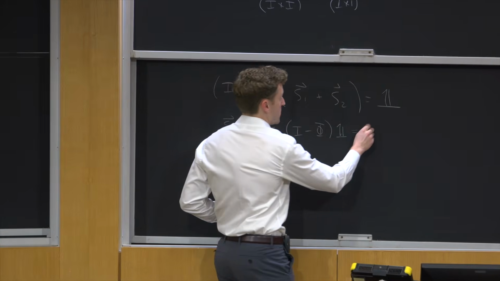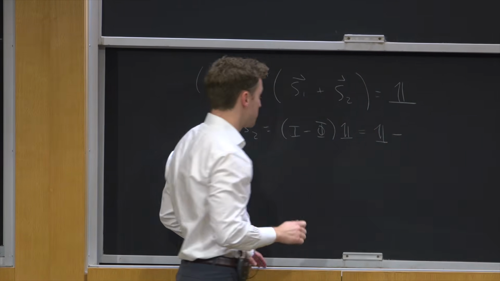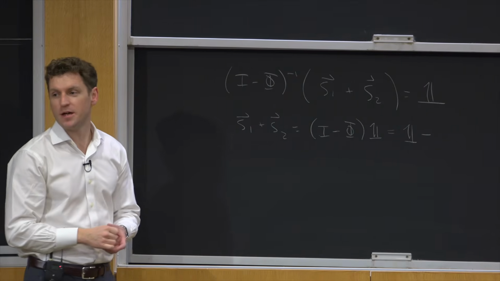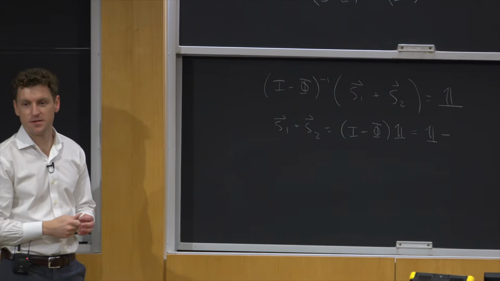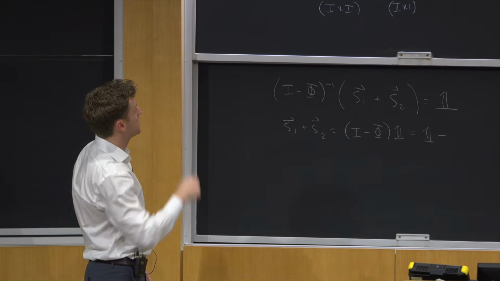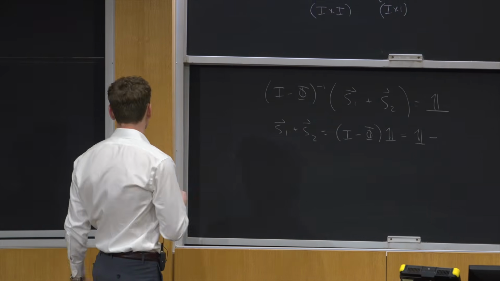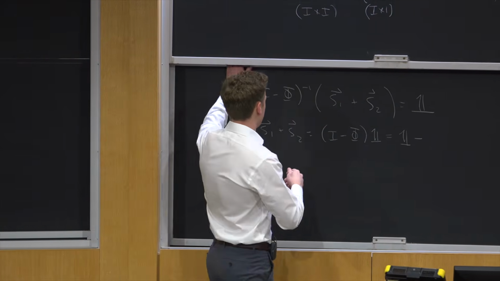Well, it's just going to be 1 again, minus. Now we're going to sum the rows of the input-output matrix. And is everyone clear what those sums are going to look like?